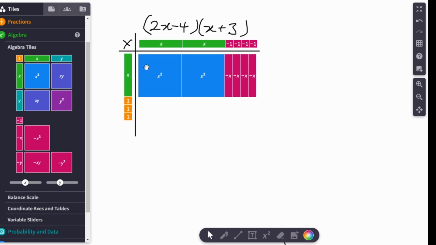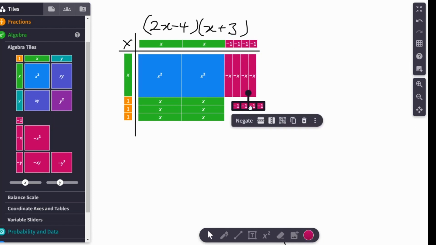Then 1 times x, each will give us x. X times 1, each will give us x again. Then negative 1 times 1, each will give us negative 1. After modeling, let's not forget to remove the outer tiles.